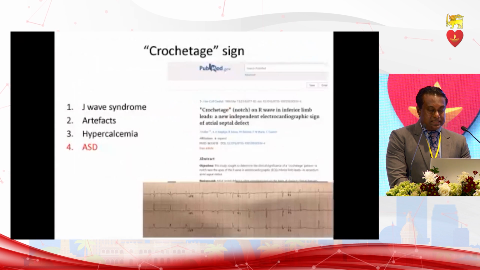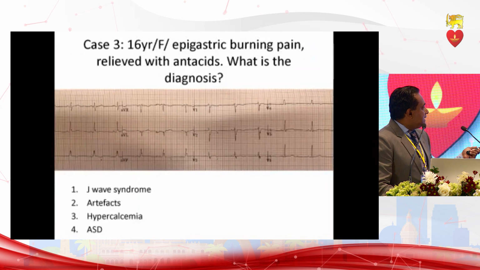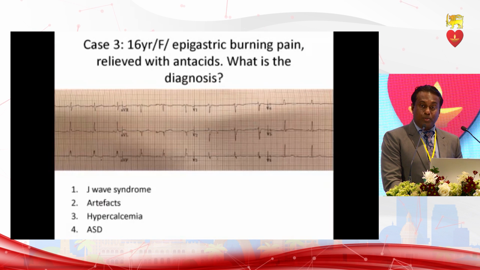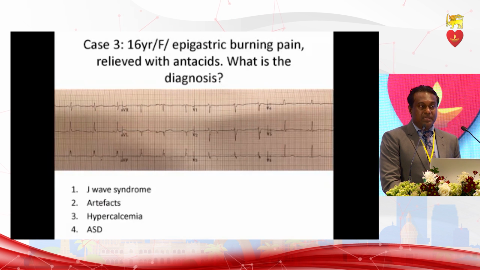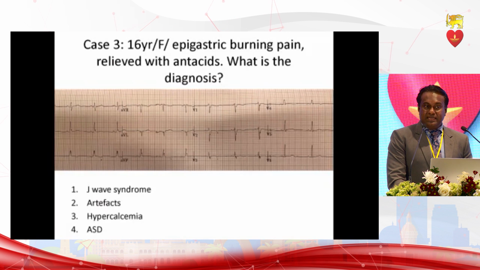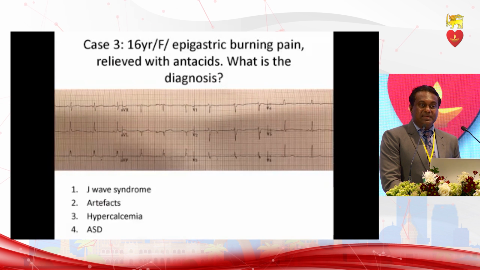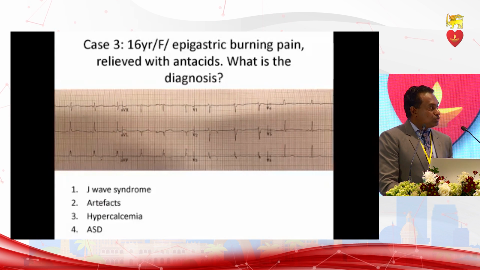Now, why it is not really a J wave is that we are so used to seeing a lot of J waves in our general population, even though we don't really call it J wave syndrome, because our patients don't really get VF. We can even call it a normal ECG variation in young people in South Asia.